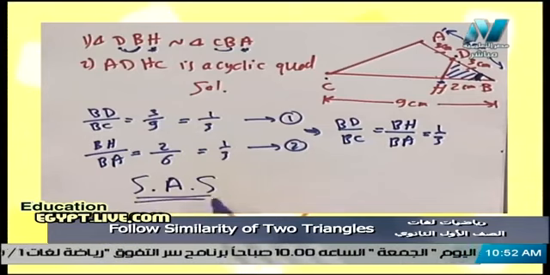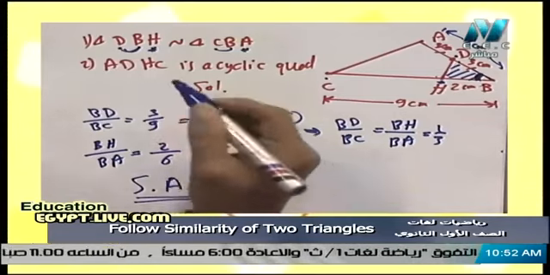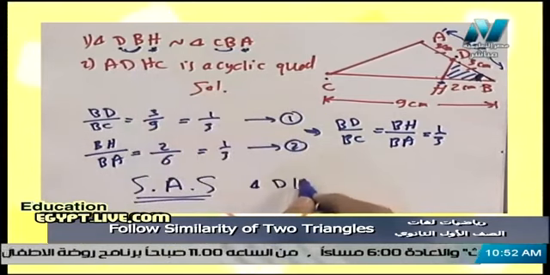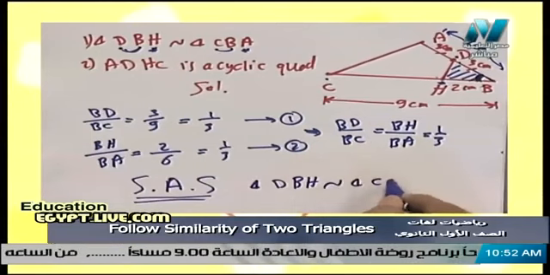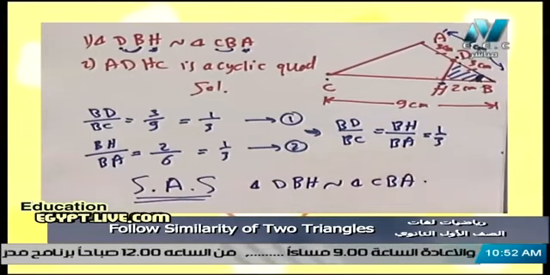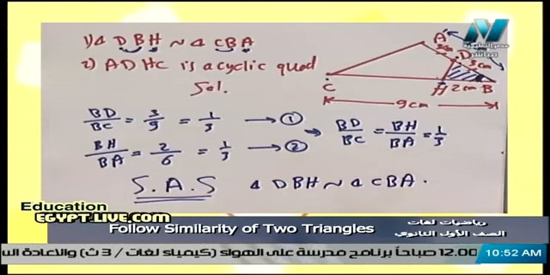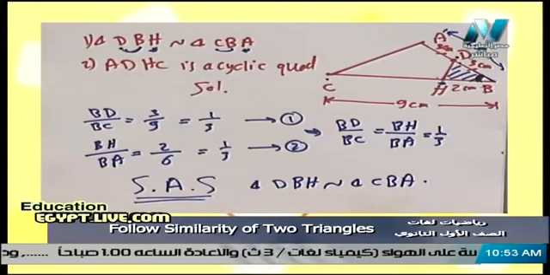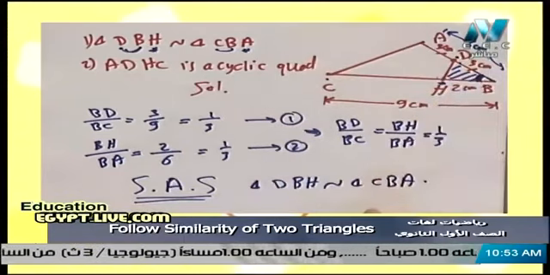So this case is satisfied. So triangle DBH is similar to triangle CBA. Now we proved that this small triangle is similar to the bigger triangle.